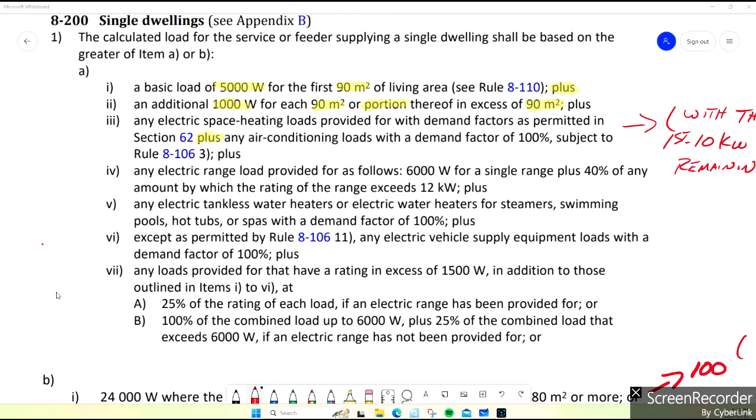So you go 100% of the combined load up to 6,000 watts, and if you have anything left over, you take the remainder at 25%. And you do that second part here if an electric range has not been provided for.